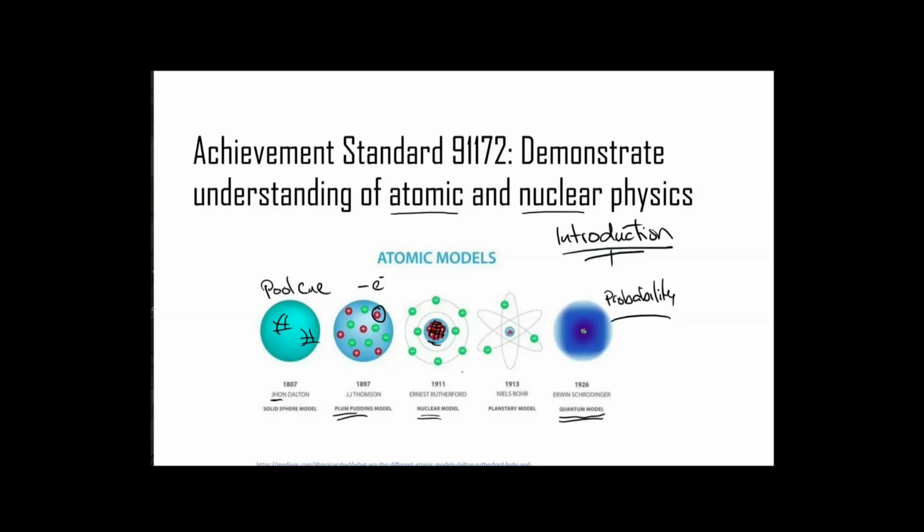The thing that's interesting in all of these is they're all wrong. We're not still today 100% sure what an atom looks like. We know that it definitely does not look like that, or like that, or like that. Our guess is that that's the closest we've got.